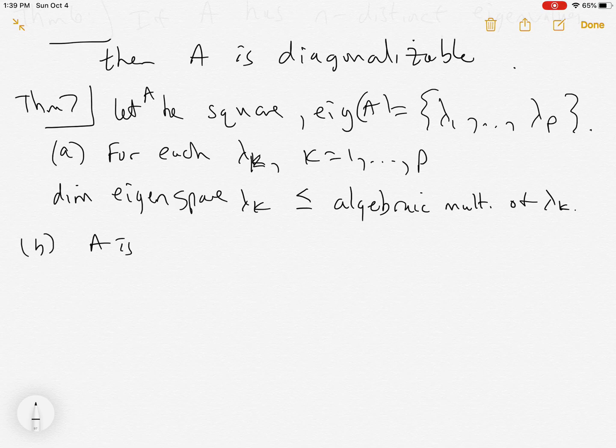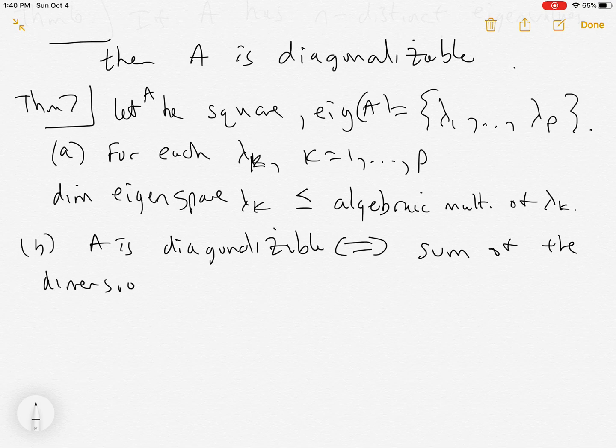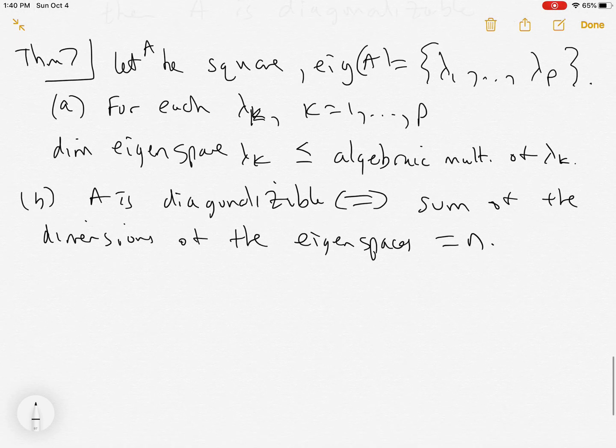2. A is diagonalizable if and only if the sum of the dimensions of the eigenspaces equals n, because now you have n linearly independent eigenvectors, and you can create this P, which would be invertible because the columns are linearly independent and there's n of them, so it's a square matrix.